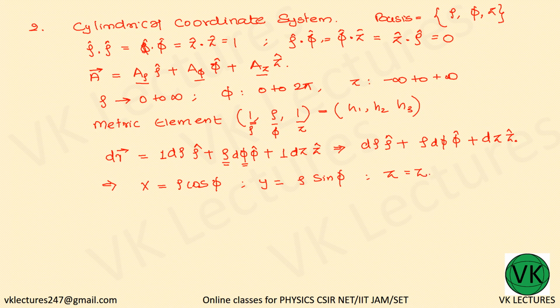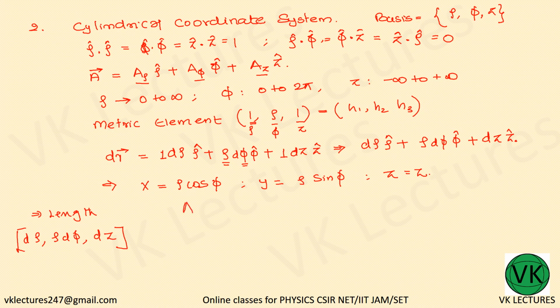The length element in the cylindrical coordinate system along each direction is given by d rho, rho d phi and dz. So these are the length elements.